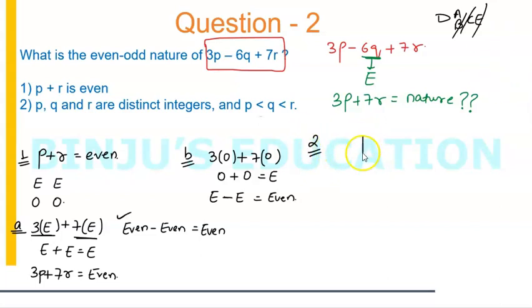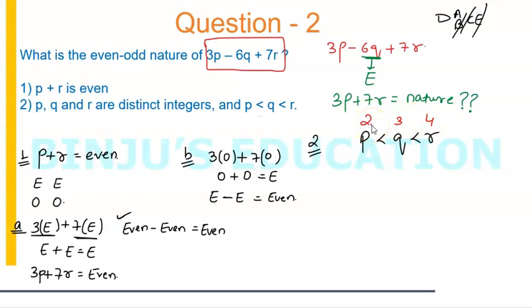The second statement says that P is less than Q, which is less than R, and P, Q and R are distinct integers. This leaves a lot of possibilities. It's not given that P, Q and R are consecutive integers, like 4, 3 and 2.